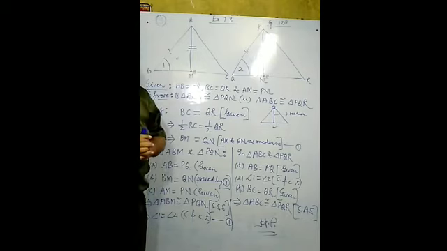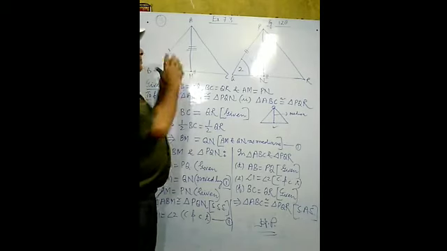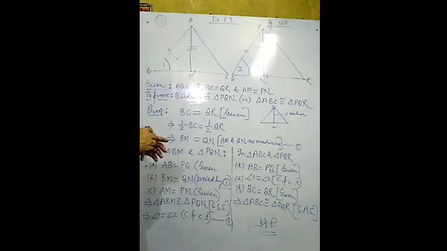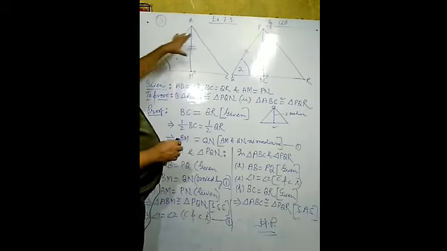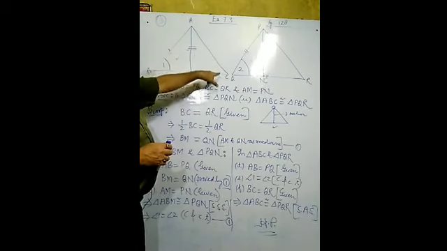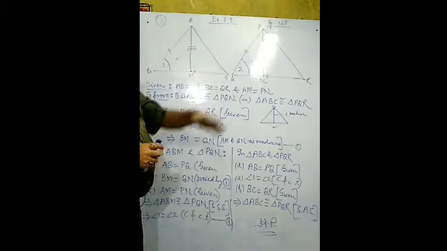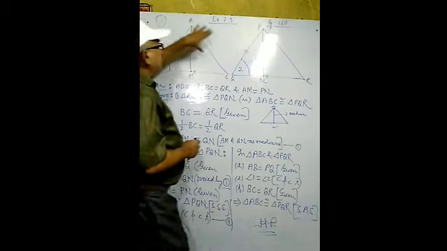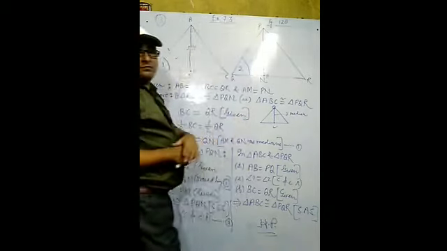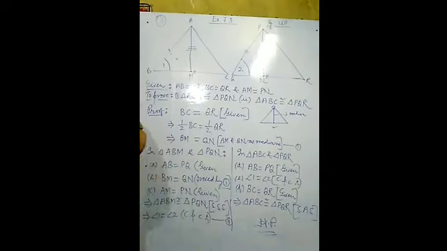Now we are going to prove the second part, and we have to consider both complete triangle ABC and complete triangle PQR. Now see, in complete triangle ABC, AB equals PQ of complete triangle PQR. This part equals this part, and it is already given.